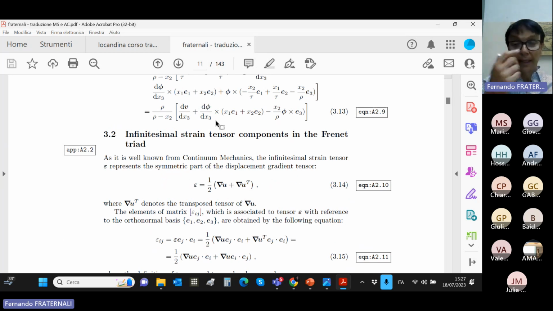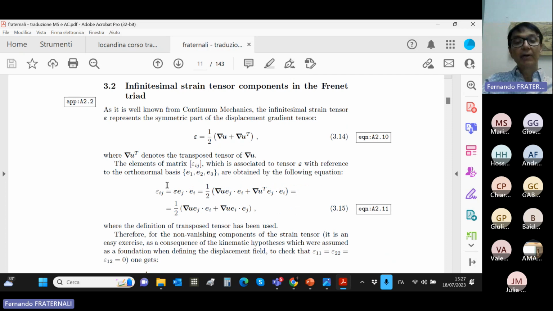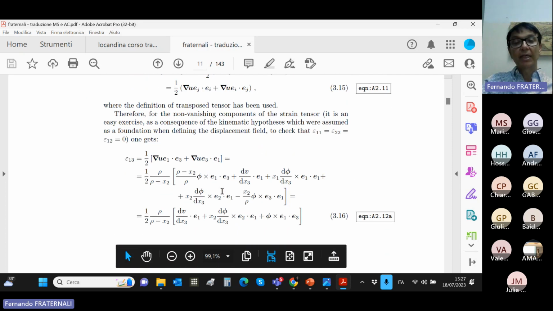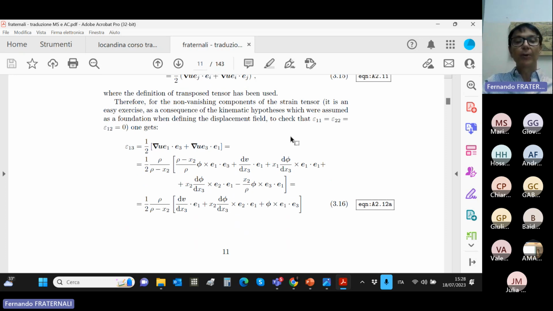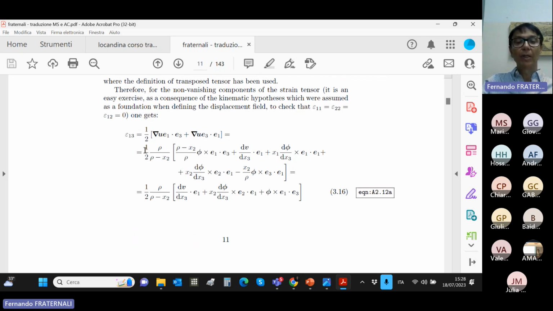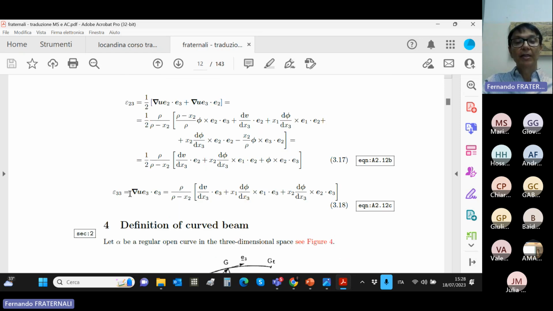And if we want the components of epsilon, this infinitesimal strain tensor, in the Frenet basis, we use the definition of the gradient of u, the transpose, and the property of the transpose of a tensor, and we obtain this general formula that has been expanded in components. The only three components of epsilon that are not zero are epsilon 1,3, epsilon 2,3, and epsilon 3,3.